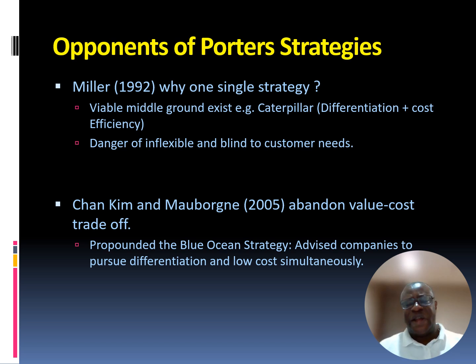They are just inflexible with trying to get this and that at the same time. The second opponent of Porter's strategy is Chan Kim and Mauborgne in 2005. They also abandoned the value-cost trade-off, and propounded the blue ocean strategy, advising companies to pursue differentiation and low cost simultaneously.